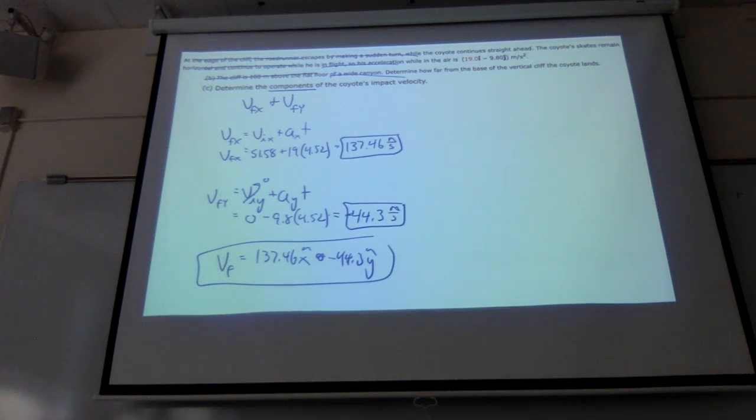Next problem. The next problem takes us back to vector addition. So we've got a plane that flies from base camp to Lake A, and then from Lake A to Lake B, and then from Lake B back to base camp. So 3 vectors that sort of make the loop.